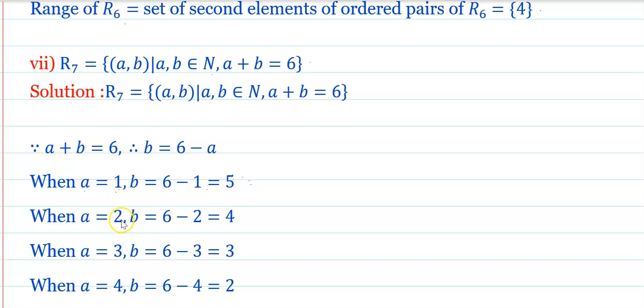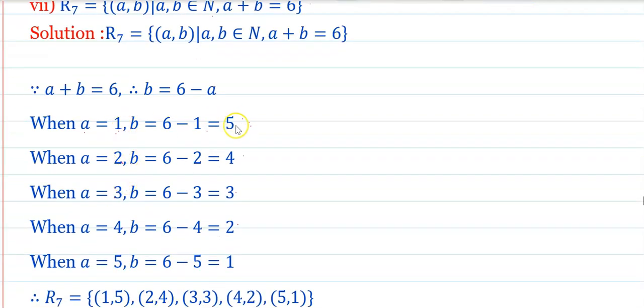A is 2, then B is 4. A is 3, B is 3. A is 4, B is 2. We take the values of A and B such that their sum is equal to 6. Then I will have the ordered pairs (1, 5), (2, 4), (3, 3), (4, 2), (5, 1) in this way.